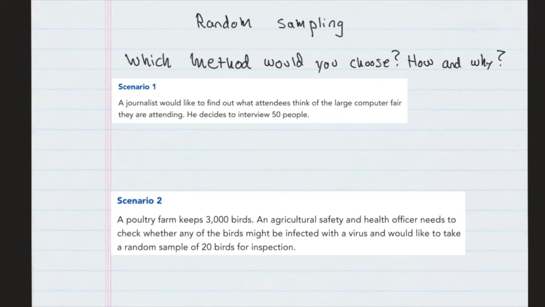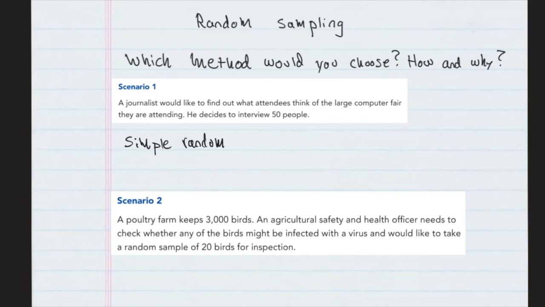In this case, I think that just a simple random sample would work, because they're not really doing an in-depth survey. They're just doing kind of a quick one about how they feel about the large computer fair. So it seems that it's going to be like a quick kind of general sense of what the person is feeling.